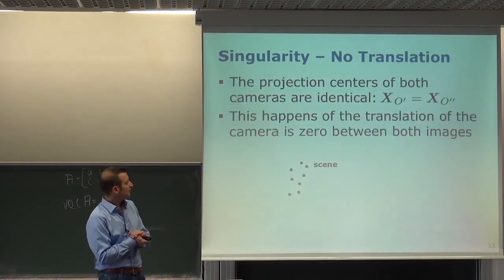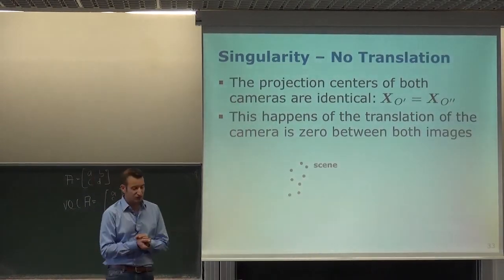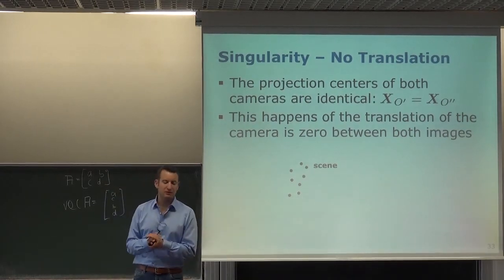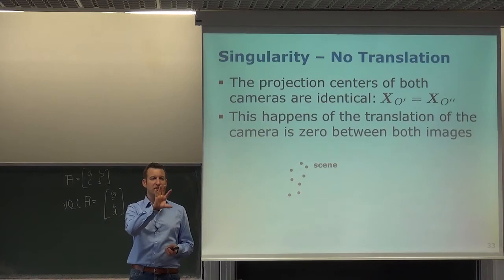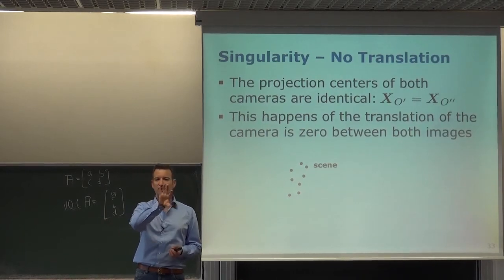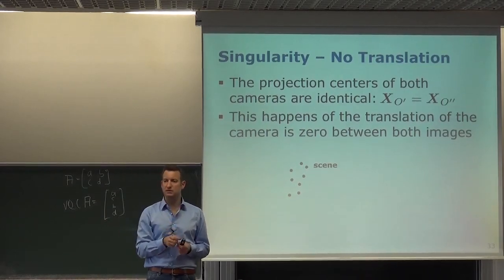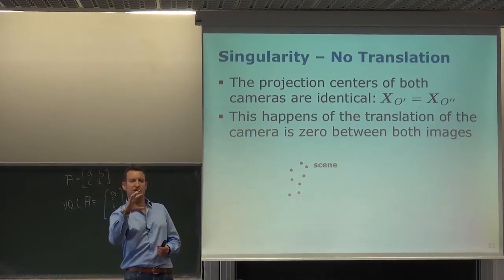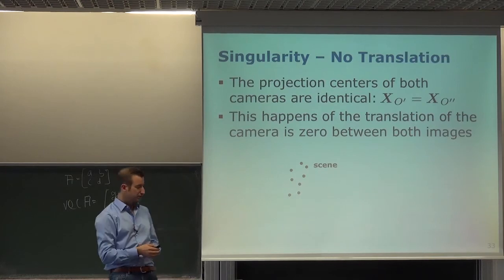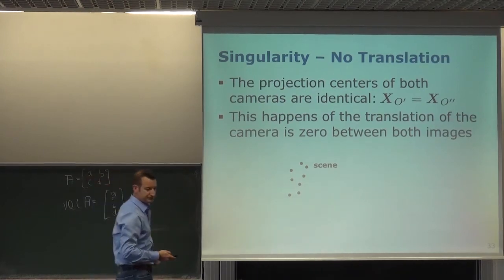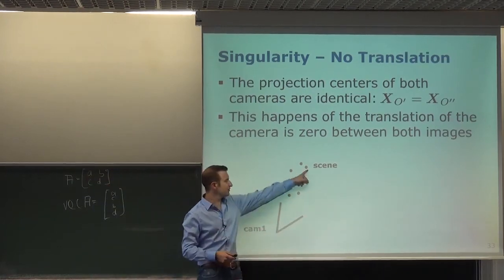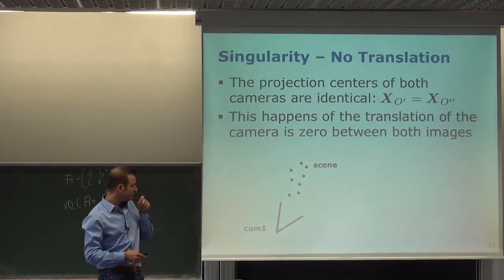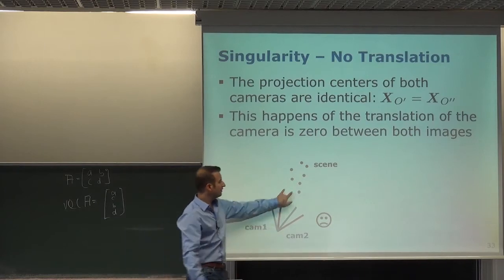There's another situation where this can be problematic. If the projection centers of your cameras are the same, so if I just take my first image and just rotate the camera on the spot and take a second image, I don't shift the camera. If I do this, I have my first camera, which observes, let's say, those scene points. And I do the same thing for the second camera.